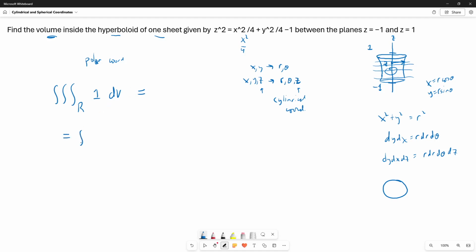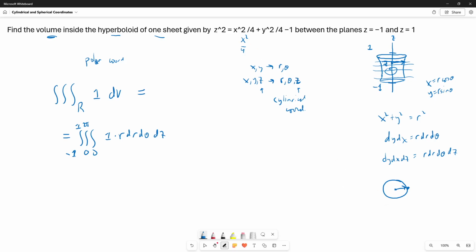This is going to be triple integral of 1 times r dr d theta dz. Z, we'll integrate last, is going to go from -1 to 1. Theta is going to go from 0 to 2 pi. And r is going to go, looking down on this object, from 0 out to the boundary of any particular circle at a given height.